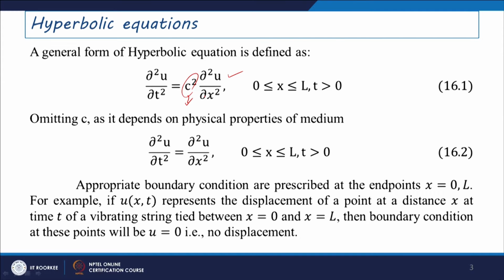For example, consider u of x, t as a physical problem, representing the displacement of a point at a distance x at time t of a vibrating string tied between x equals 0 and x equals L. Then the boundary condition at these points will be u equals 0, that is, no displacement.